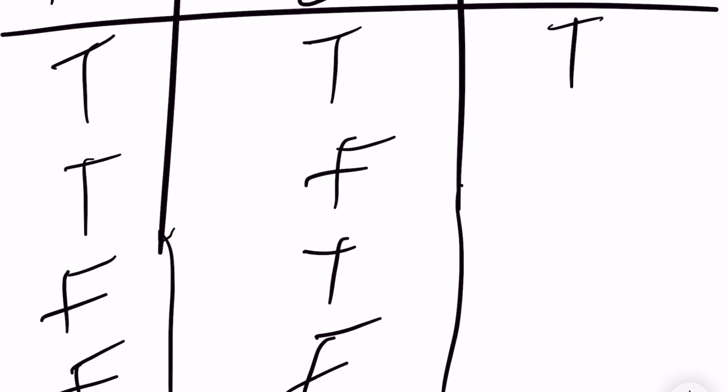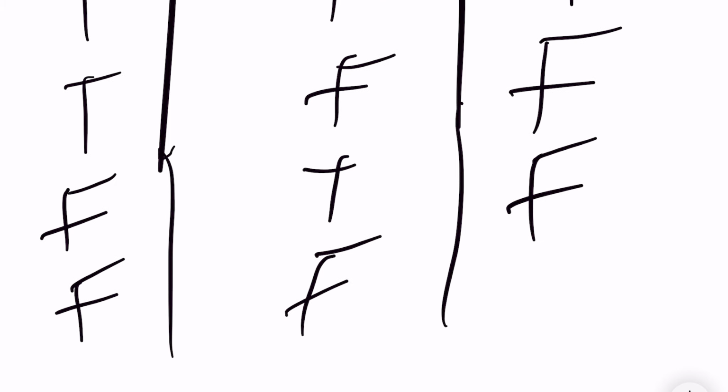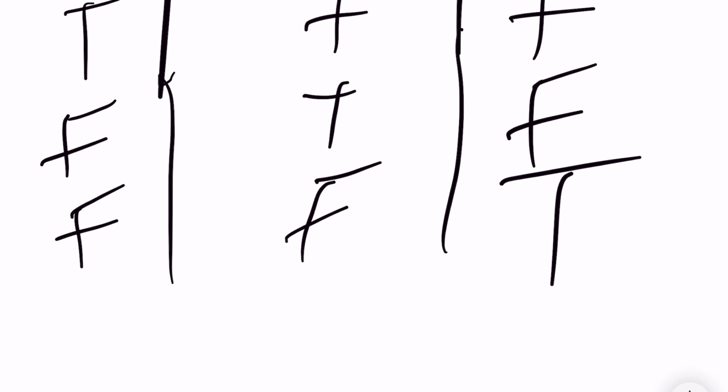When we have one true and one false, it is false. When we have one false and one true, it is false. And when we have false and false, it is true. The biconditional statement is true when P and Q are both true or both false.